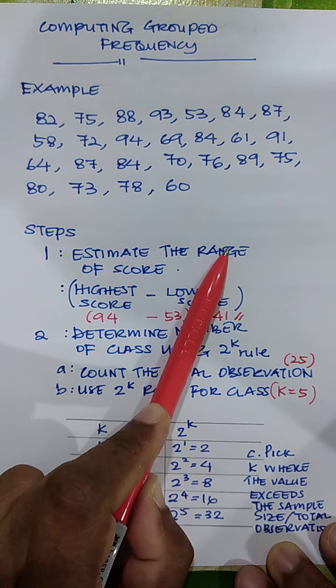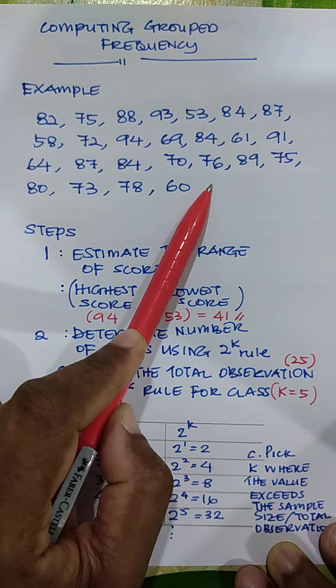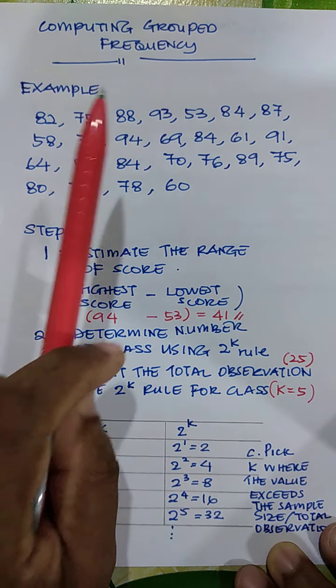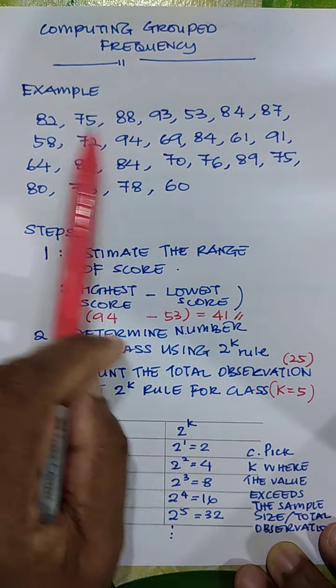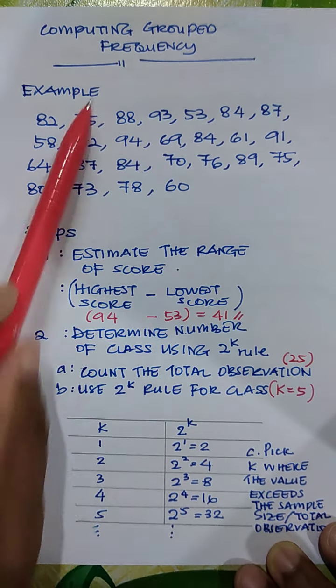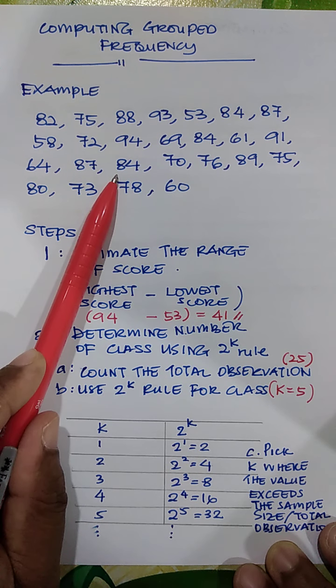Why do we need to do that? Because if you notice, the values that we obtain here can be from as low as 53 to as high as 94. So you have a long list of potential values between 53 and 94.